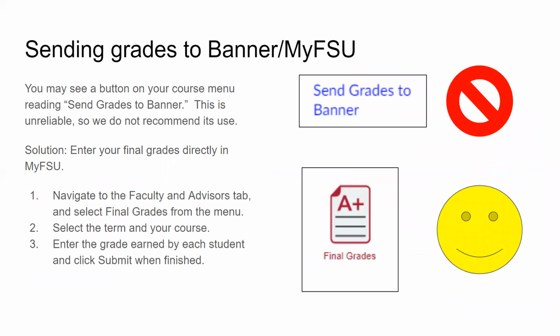All right. Here's a kind of an odd point we wanted to make. You may have seen when you have a new course on your left navigation menu, there's often going to be a button that says send grades to Banner. That is meant to be a super convenient method of submitting your final grades.